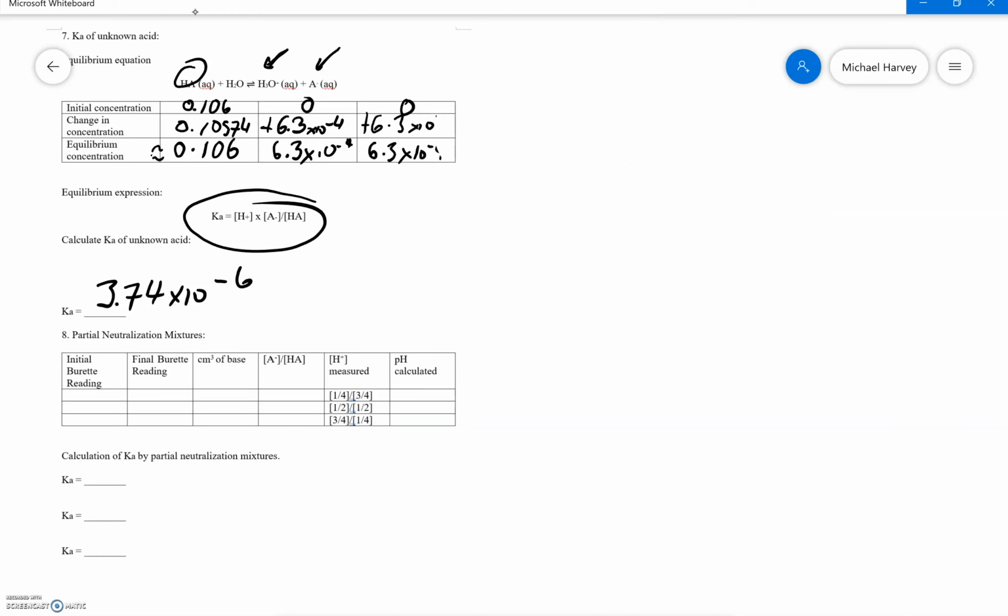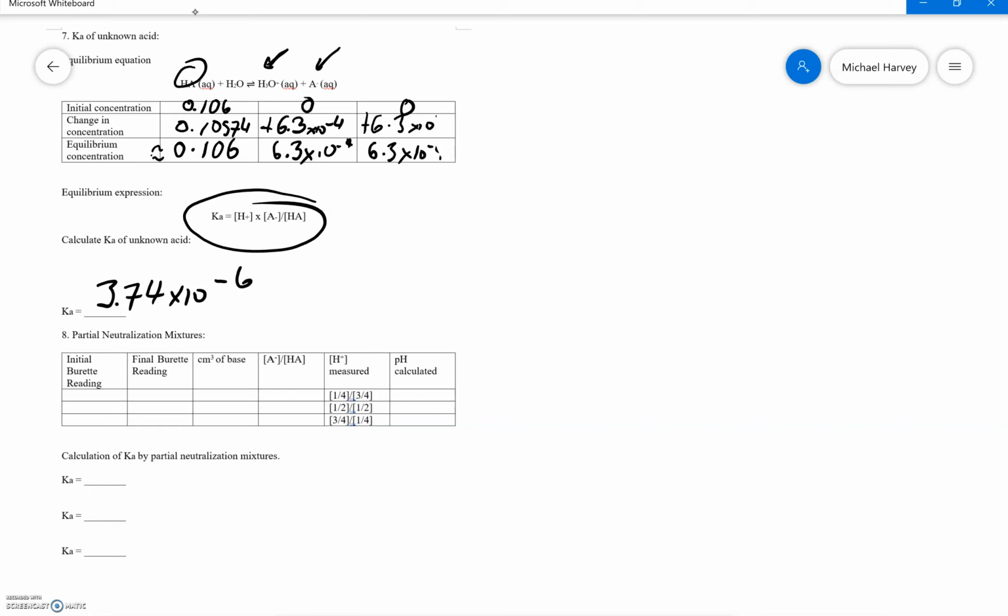Okay, the second method we can now look at is the partial neutralization of mixtures. Now, I'm just using Nannerel's experiment as an example.